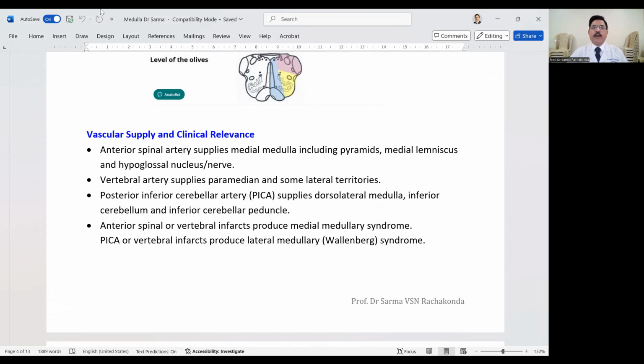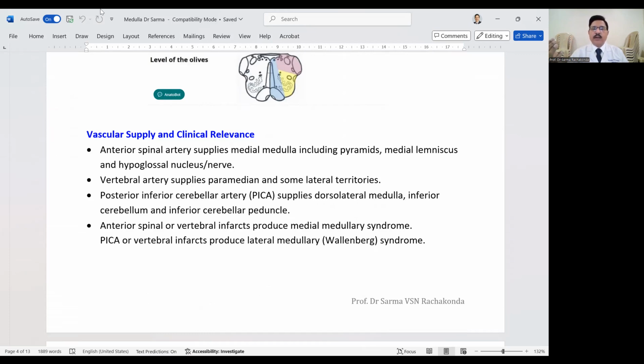If the anterior spinal artery is occluded, you will get corticospinal tract signs on the opposite side, and probably some vibration and proprioceptive signs also on the opposite side, and hypoglossal nucleus involvement on the ipsilateral, the same side. Vertebral artery supplies the paramedian and some lateral territory. Posterior inferior cerebellar artery supplies the dorsolateral medulla, inferior cerebellum, and inferior cerebellar peduncle.